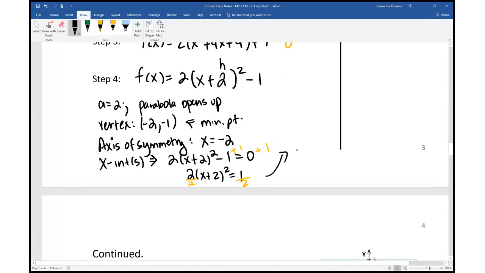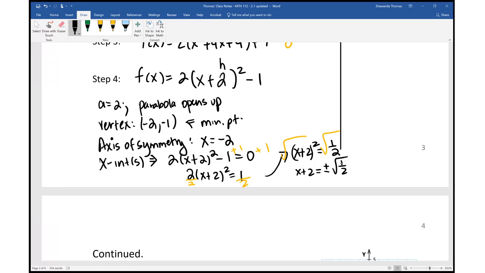So that's (x plus 2) squared equals 1/2. Square root both sides. That's x plus 2 equals plus or minus the square root of 1/2. Subtract 2 from both sides. We get x equals negative 2 plus or minus the square root of 1/2.